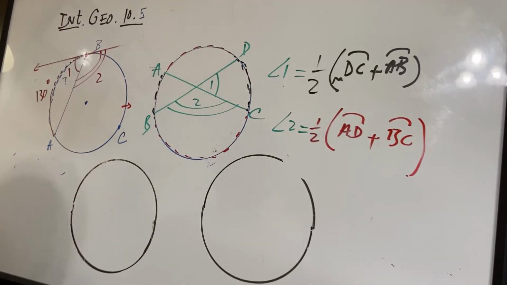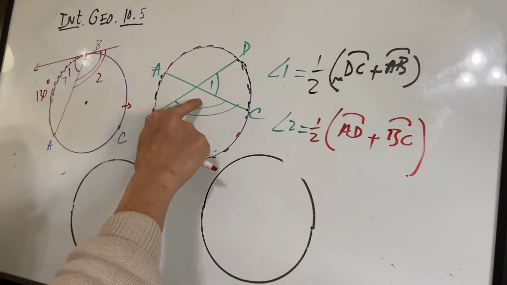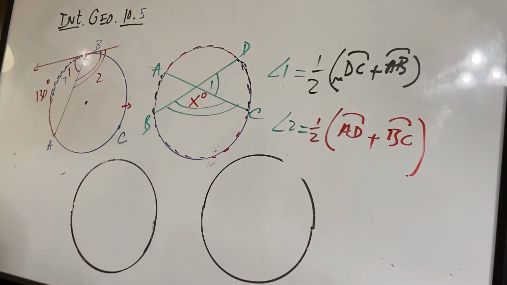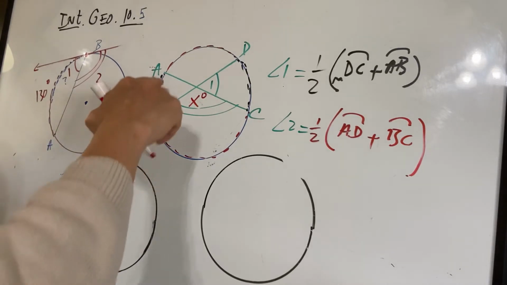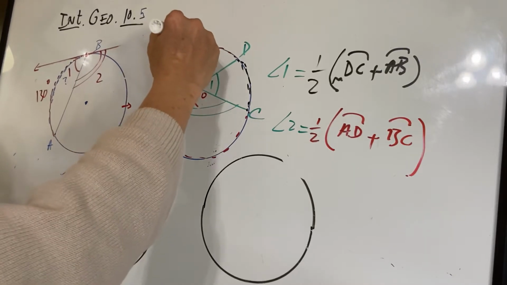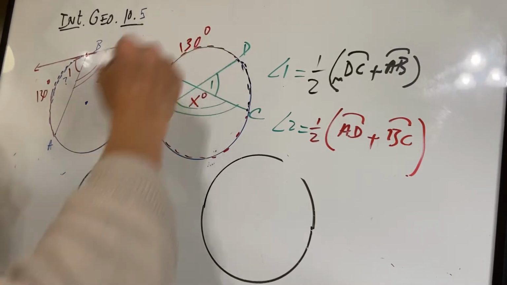Now, just to check to see if you guys really understand this. For some reason, I want to find angle 2. Can I call it x degrees? I want to find the degree of angle x. What is it, Mr. Dan? Well, you are given that, let's say, right here, AD is 130 degrees. There we go.